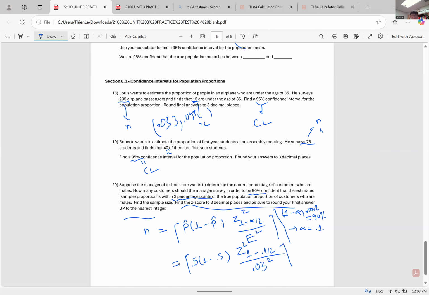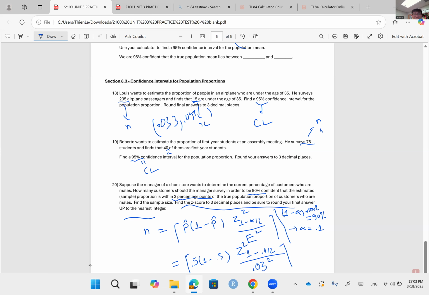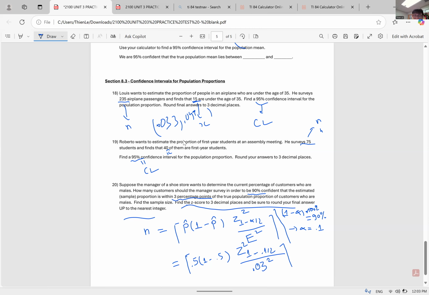So this is how you find this value. You can do one more step with manual calculation here: 0.25 times z squared of 0.95. This value is just the inverse normal of 0.95, and you square it, and divide by 0.03 squared, which is 0.0009, right?